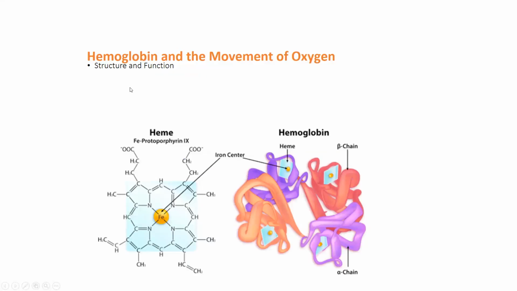Okay, there we go. So hemoglobin and the movement of oxygen. These are my alpha chains, and these are my beta chains. Each chain has this heme group, and the heme group has an iron, an Fe, a ferrous group. Ferrous is Fe plus 2, it has two plus charges.